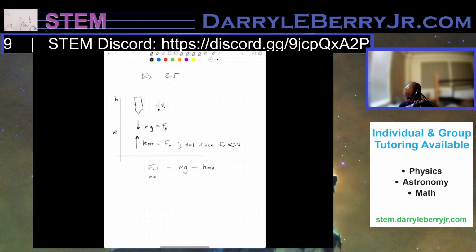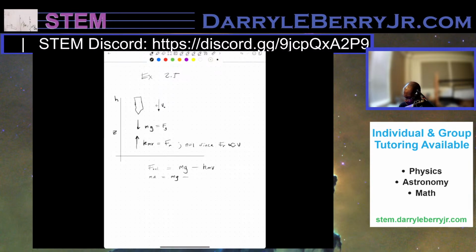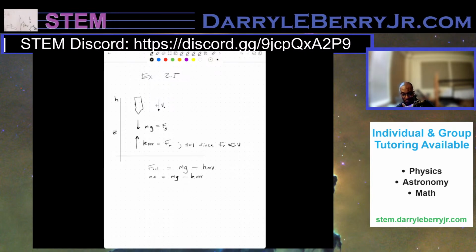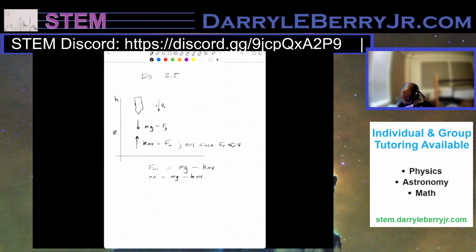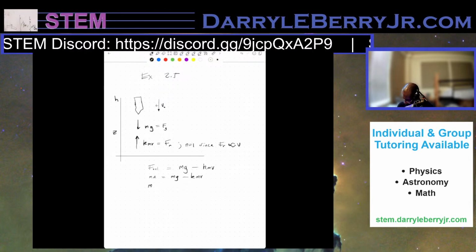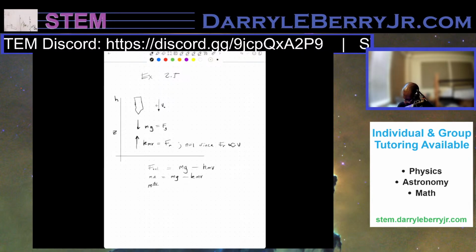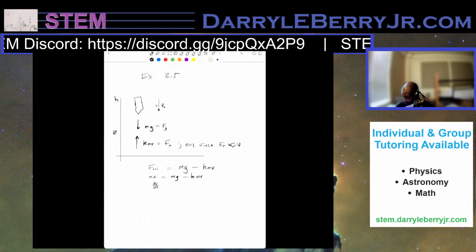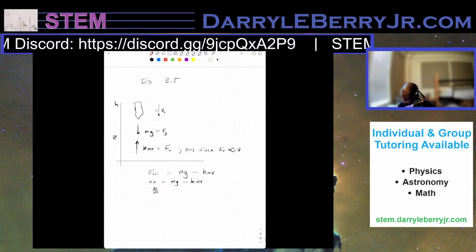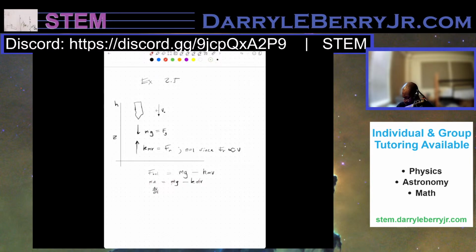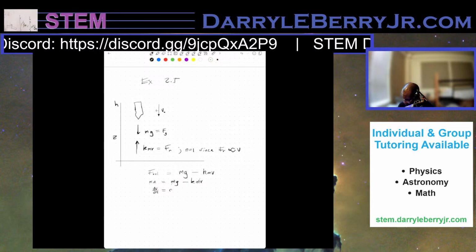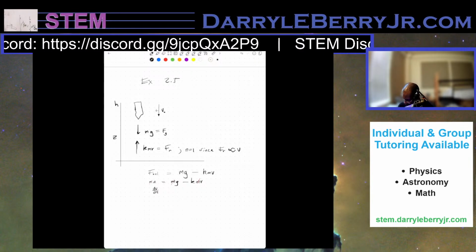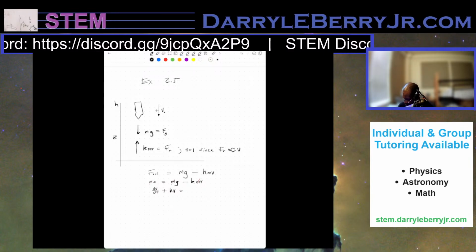So ma equals mg minus kmv. m dv over dt. Actually, we could cancel the m right now. dv over dt equals g minus, actually, plus kv equals g.